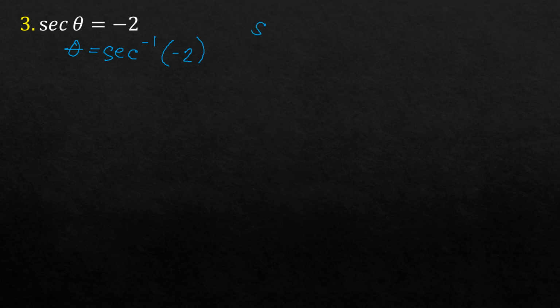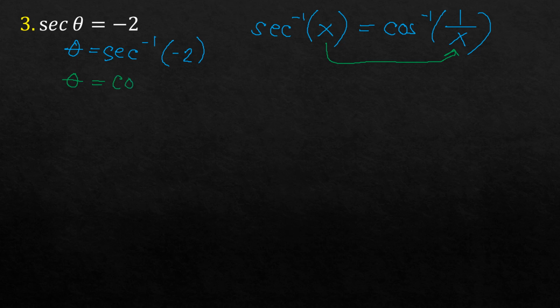And remember that inverse secant of x can also be equal to inverse cosine of 1 over x. You are going to get the reciprocal of x, and that will be very helpful in solving. So theta is also equal to inverse cosine of negative 1/2.